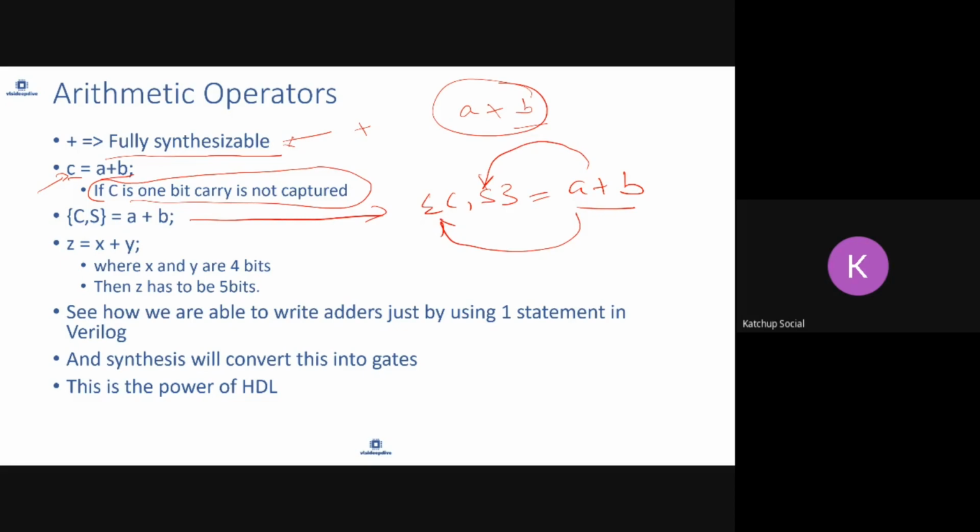Typically, when you are adding two single-bit numbers, in order to capture both sum and carry, the output should be at least 2 bits. So if X and Y are 4 bits, then Z has to be 5 bits to capture all the values, because there can be a carry also.